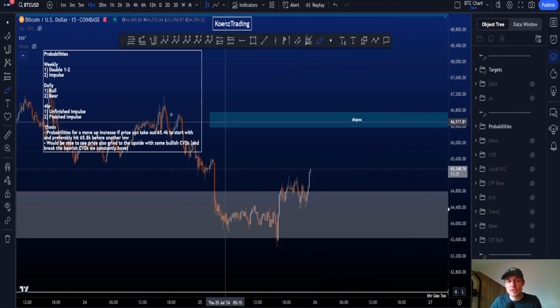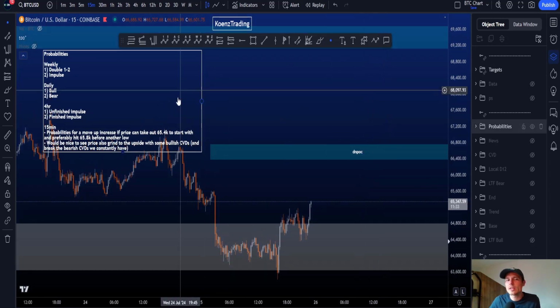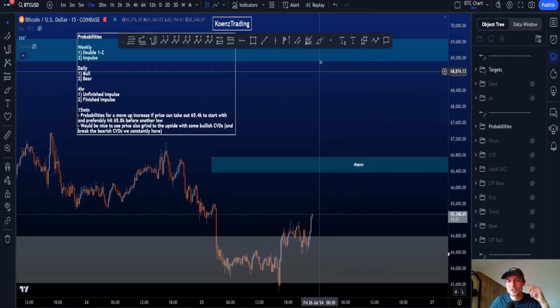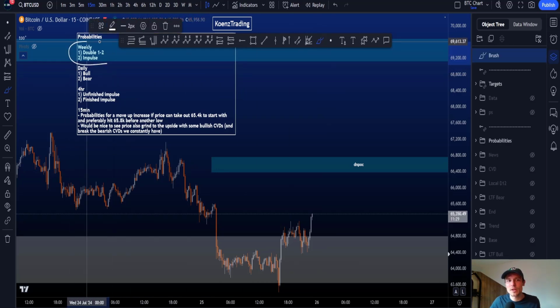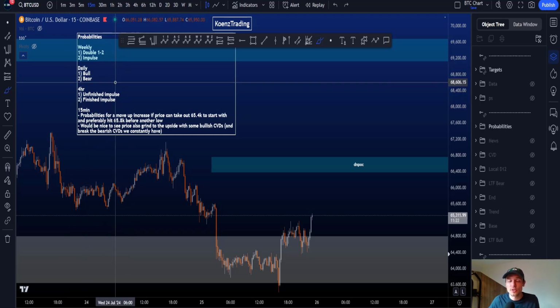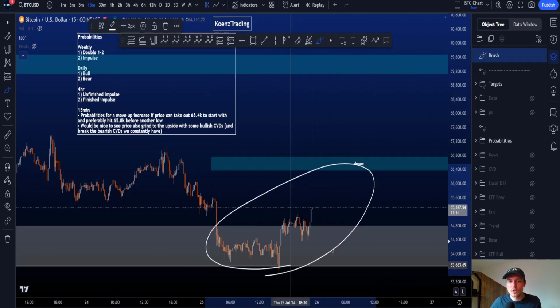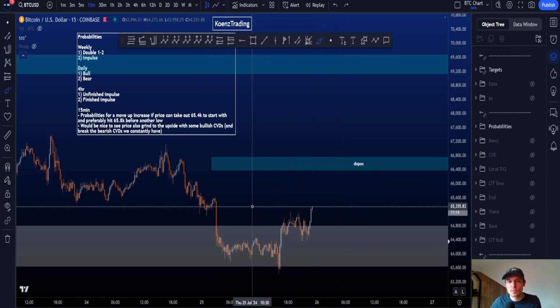And if we then finally look at the probabilities of the different scenarios, then actually nothing really changed except for some more information on the 15 minutes. On the weekly time frame, probability is higher for the bullish scenarios. Also on the daily, on the 4 hour, the unfinished impulse still theoretically has a higher probability compared to a finished impulsive structure. And it also very much depends on the local price section as we now find our way onto support, hit the base channel, broke out of the trend channel, so it's an area of interest.